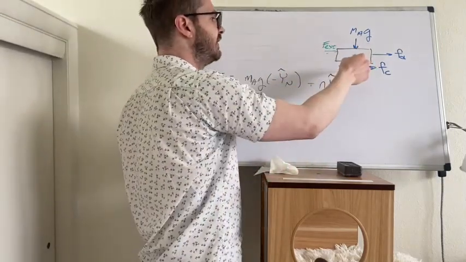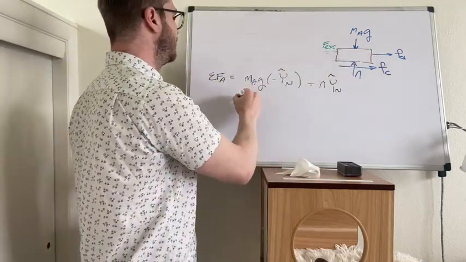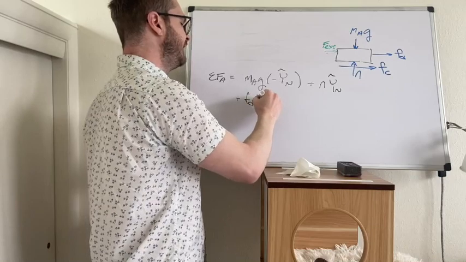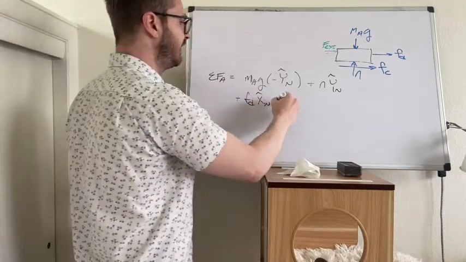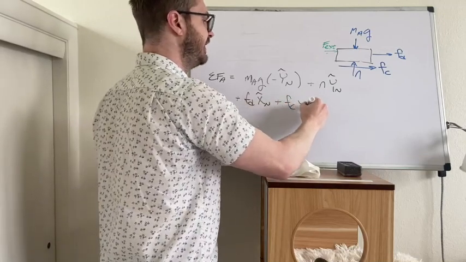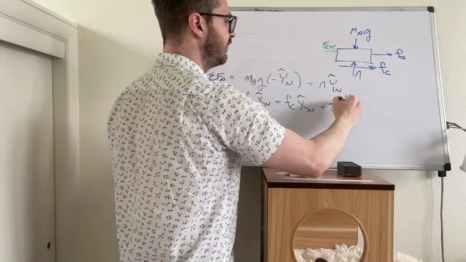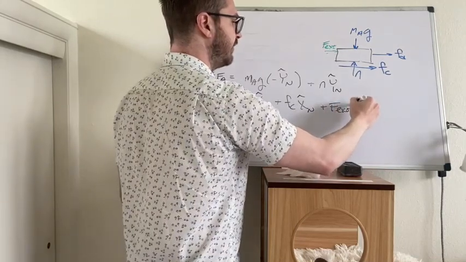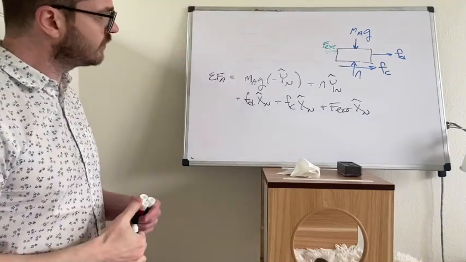Then we've got these friction forces, and we've got an external force. So plus FD acting in x hat in, plus FC acting in x hat in. And then also we've got this external force, F external, and this is in the x hat in direction. Okay.